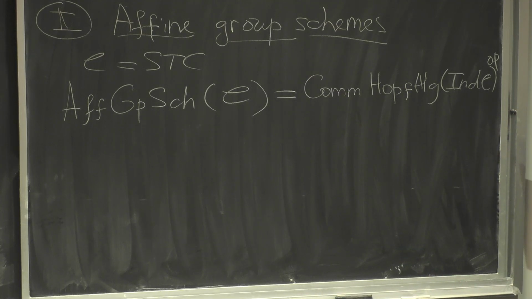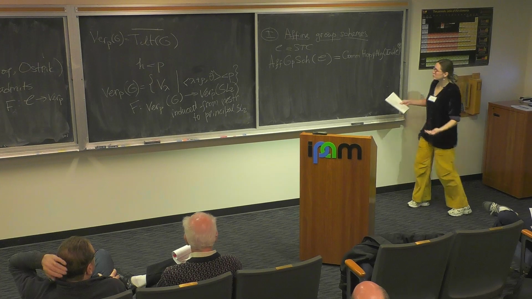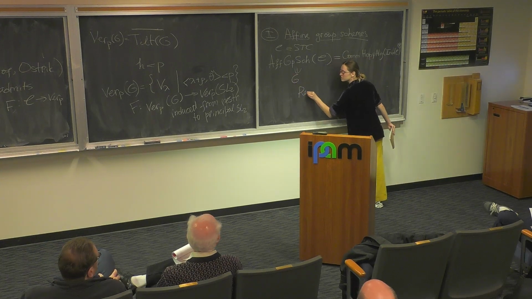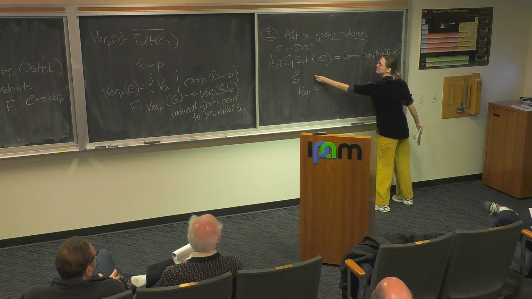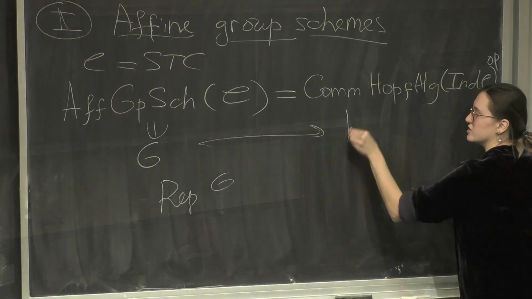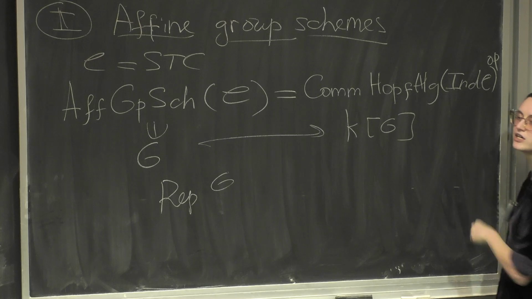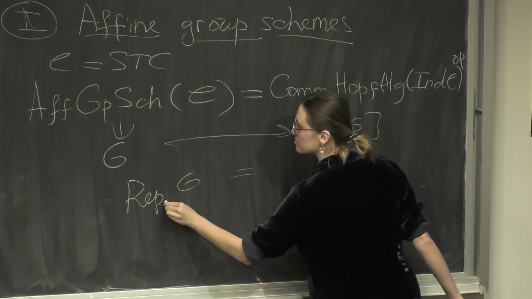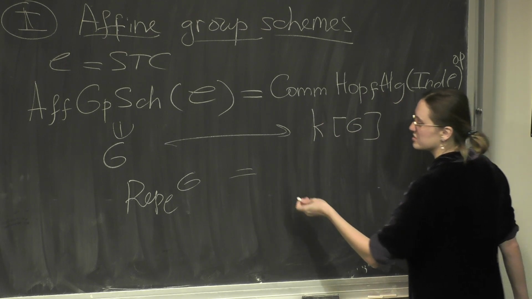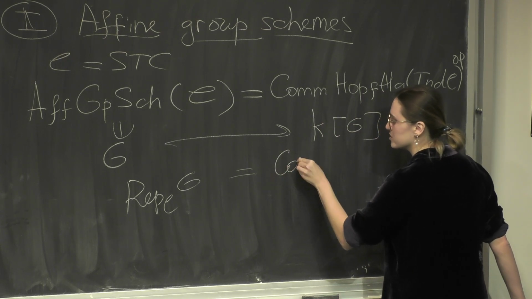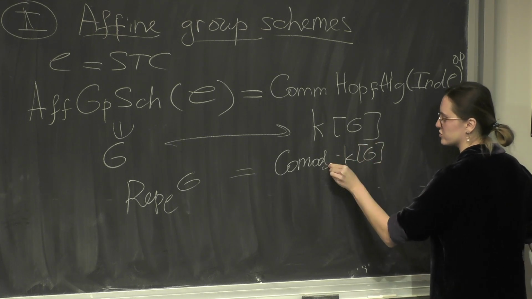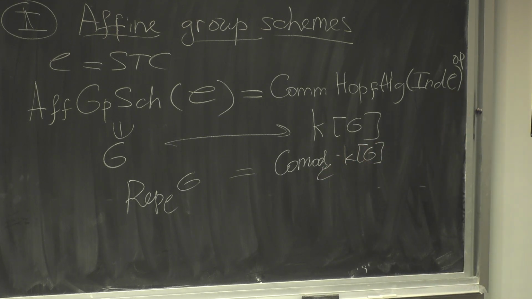And so when I talk about a representation of G, on this side it will be the corresponding algebra, I'll call it K of G, and representations of G in C is just comodules over K of G, also in C.